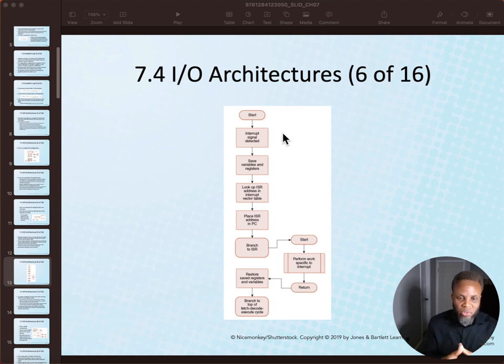It places the address onto the stack, and then it branches to that. It starts executing the logic and performs all that work. And when it's done, it returns, restores the saved registers and the variables, and then continues executing where it left off. So this is a diagram that really summarizes how a computer is interrupted and how it serves the interrupt on the machine.